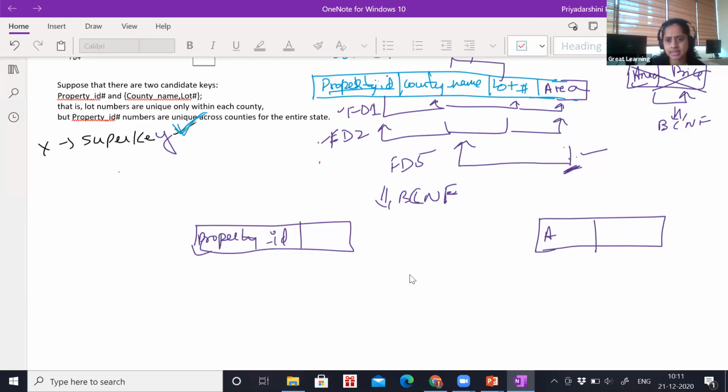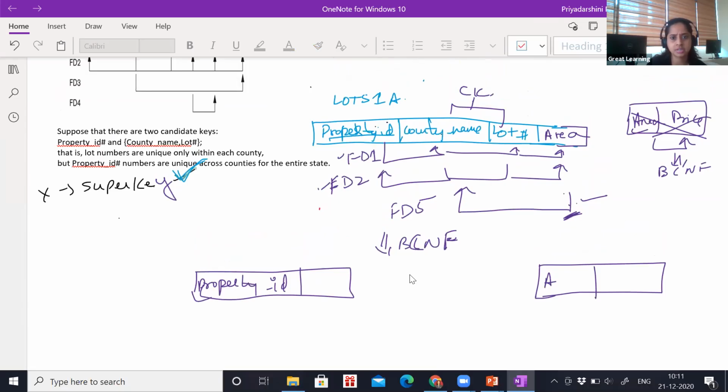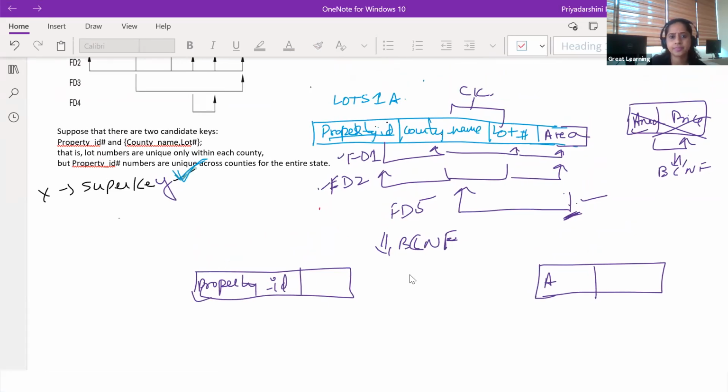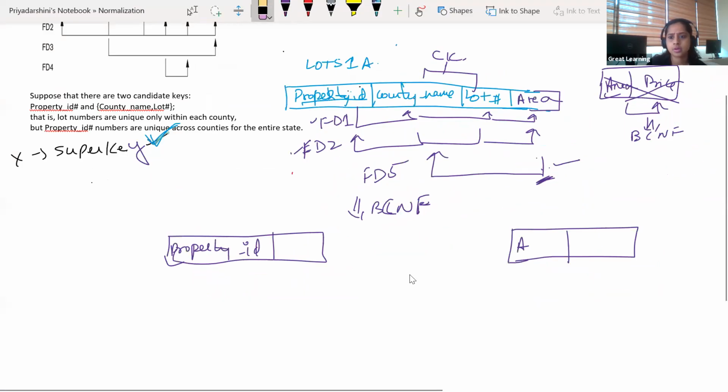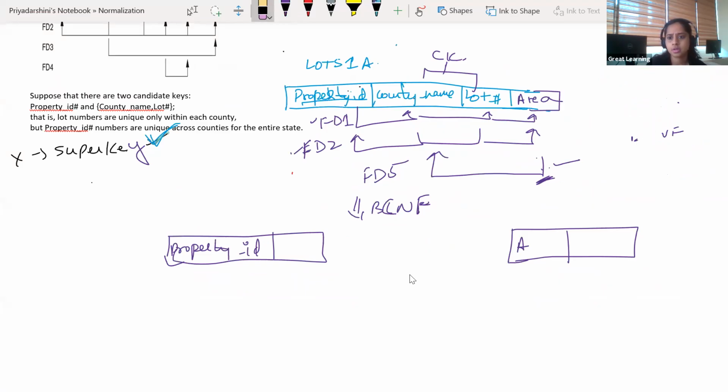Now let us not consider lots 1b; we are not bringing it into the picture. We are just discussing this scenario as an example, because otherwise the story will become too lengthy. So now area and county name.